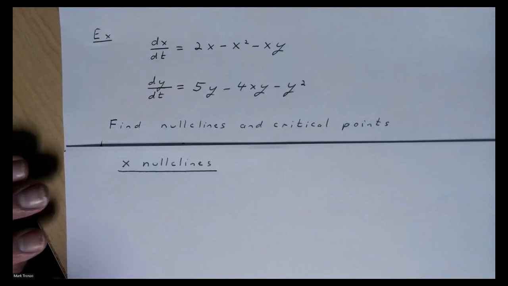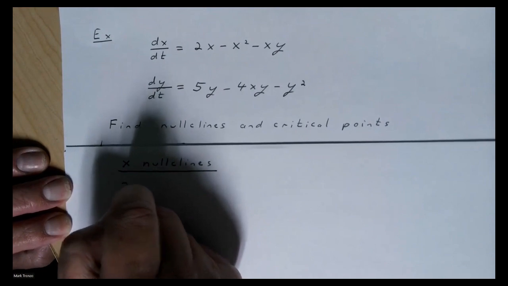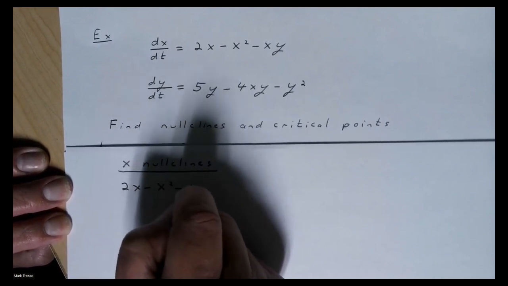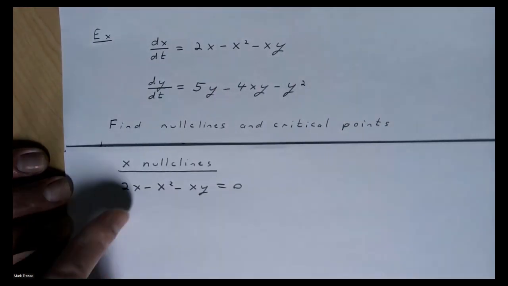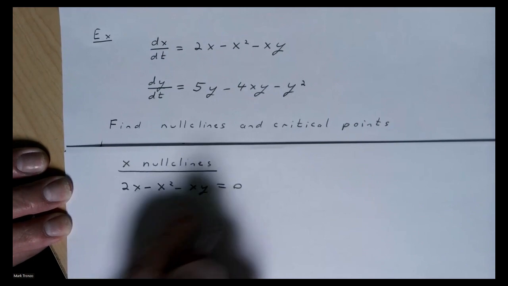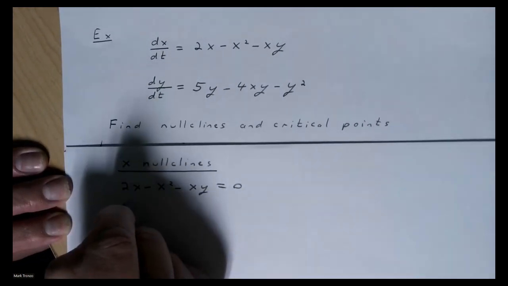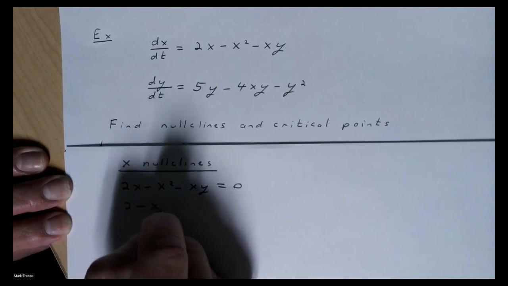So in other words, we're going to set 2x minus x squared minus xy equal to 0. And we can solve for this. The easiest thing to do is to factor out an x.